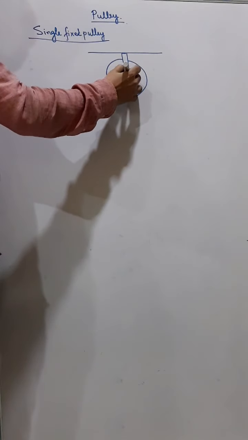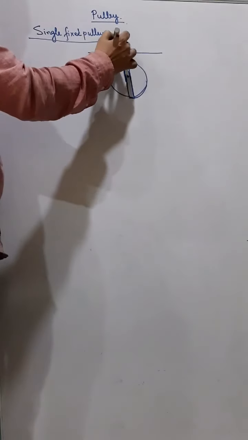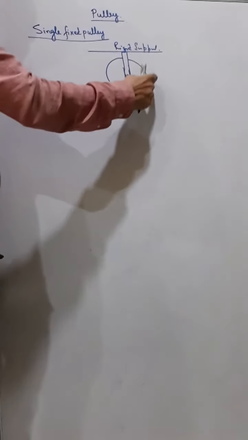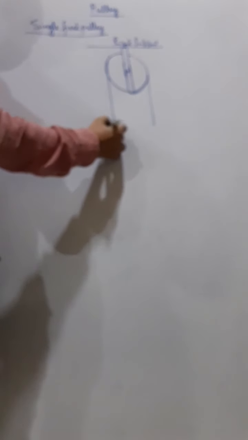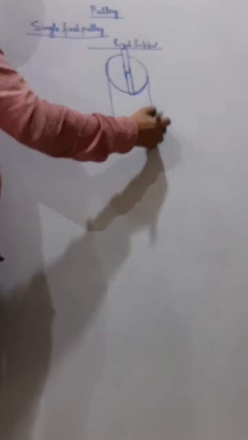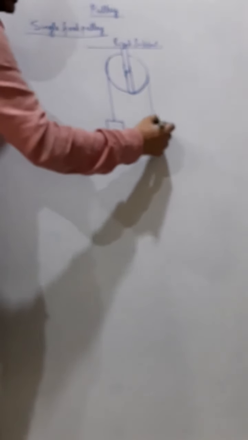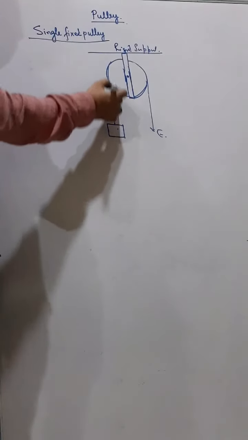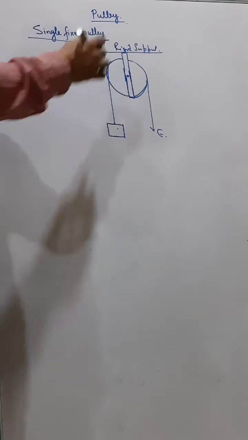So this is the fixed pulley, and this pulley will rotate on this axis and the axis will remain fixed here because this is the rigid support, and around the pulley there are grooves where ropes are fitted like this, and here we tie a load, and from here we pull it by giving an effort and the load goes up.